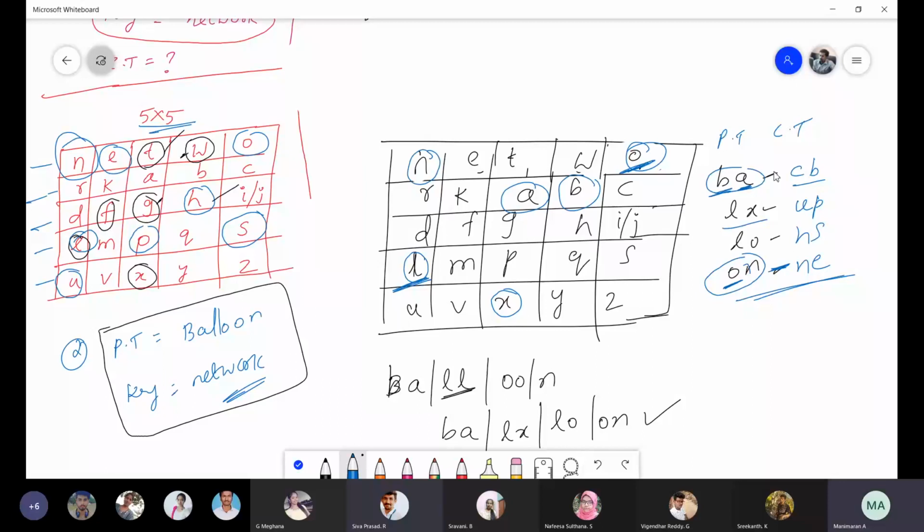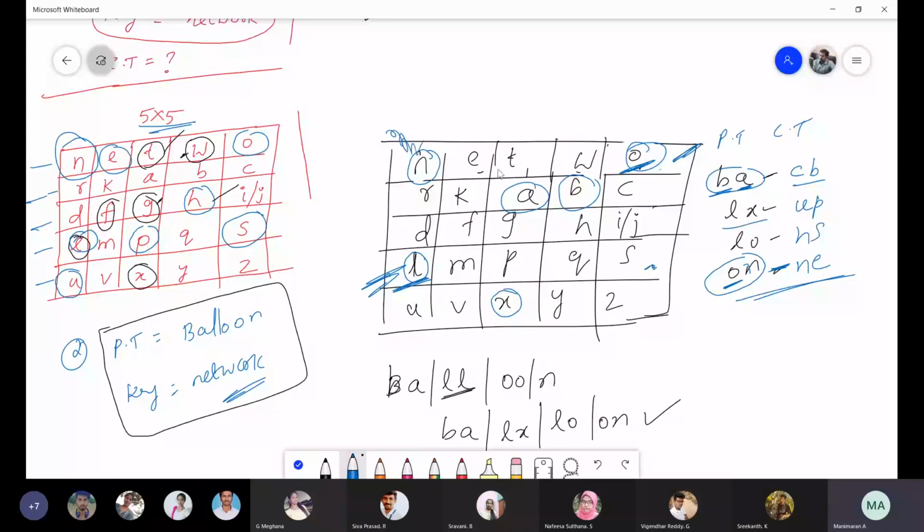Sir, can you repeat once again, sir? See here. L is here, O is here. What is the diagonal value? N and S. See that.